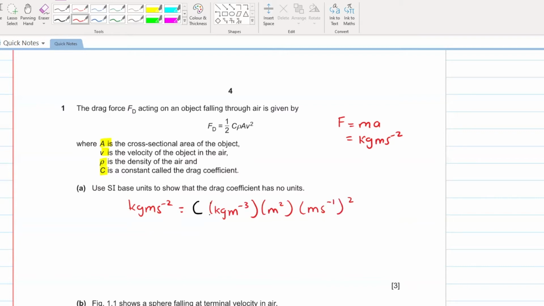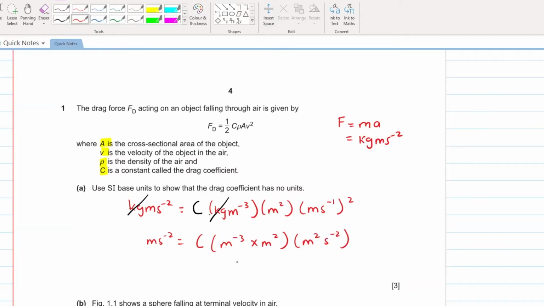Is anything getting cancelled out? Yes, kg cancels out. So m s^-2 equals capital C times m^-3 times m^2 times m^2 s^-2. I have multiplied the square.